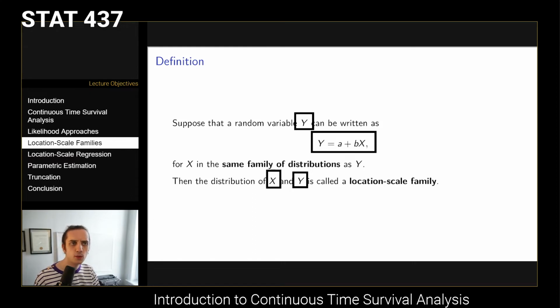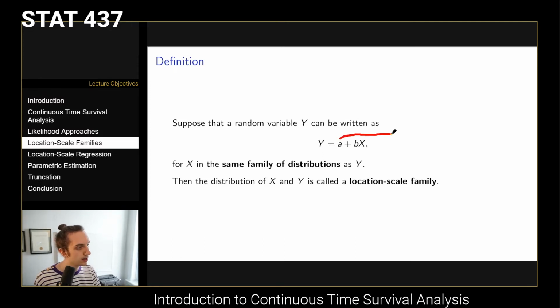Well, if you think about y as being normally distributed, then if you take a to be the mean of y, and b to be the standard deviation of y, and x is a standard normal, then we can write any normal distribution as its mean plus its standard deviation times the standard normal, right? So the normal distribution is a location scale family.